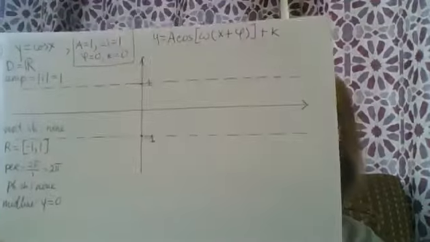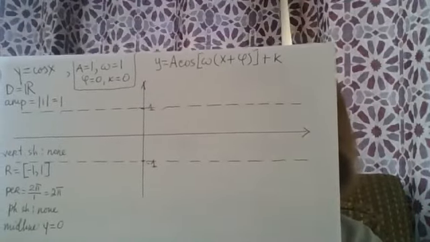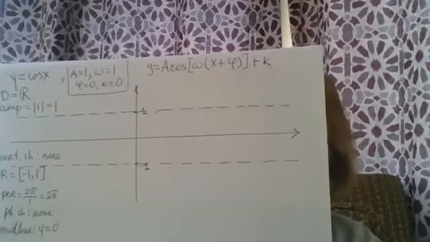So this is what I'm talking about: 2 horizontal lines. Our entire graph, which will be a sinusoid, will be running, fluctuating between these 2 lines. Show the period on the right side, show the period on the left side.